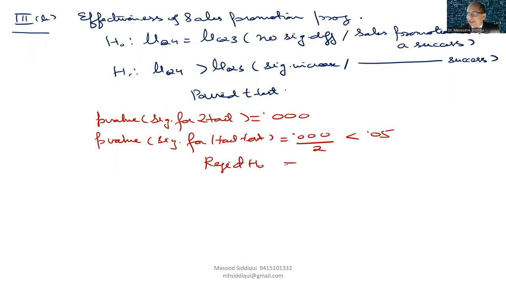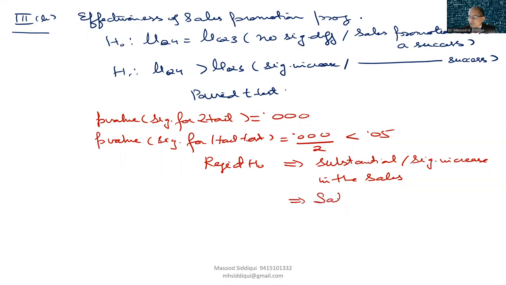Means we can say that there is a substantial or significant increase in the sales. Right? So we can say that the sales promotion program, which is being launched at the beginning of the fourth quarter, is a success with the caveat.